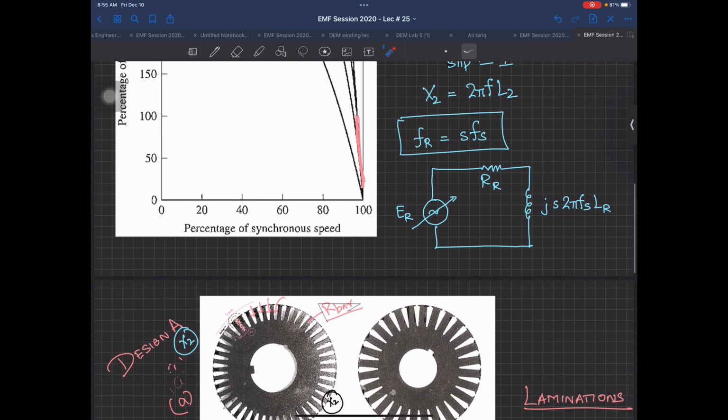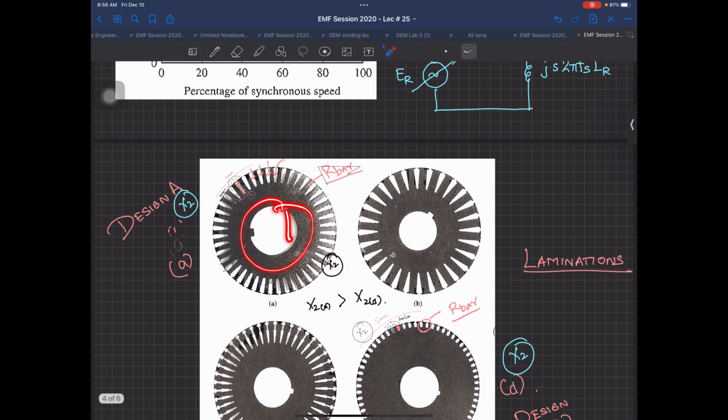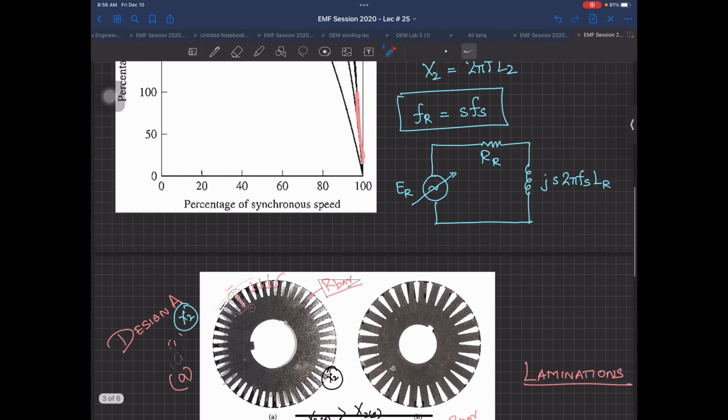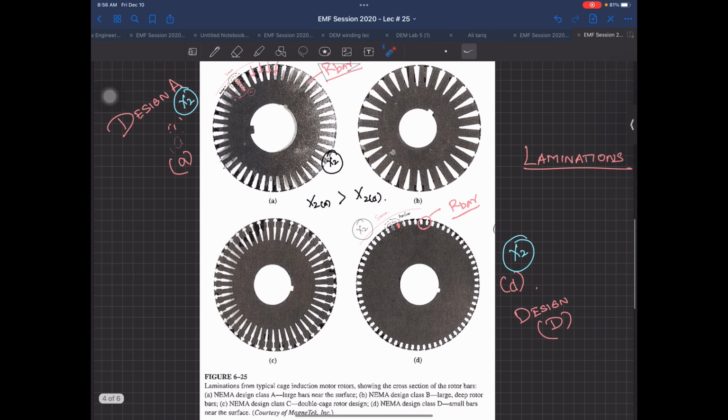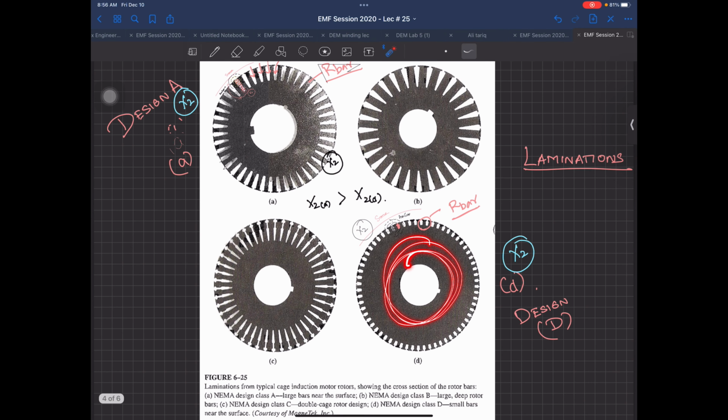Practically, the leakage reactance is large as compared to the running condition, and normally when the machine is going to start from rest, it's still going to be on the higher side. So this slip is going to be a very critical factor when the machine is starting. In design class D you already have a low X2, your leakage reactance is very low. Here the flux is not remaining inside the rotor core, it is linking with the stator more.